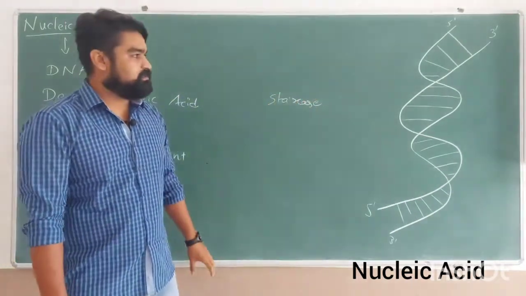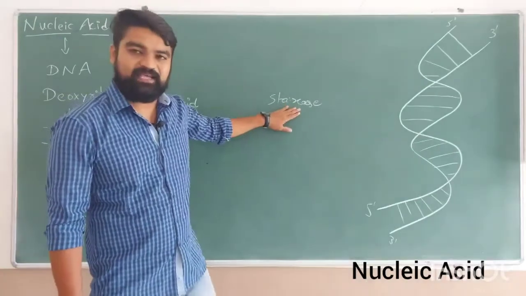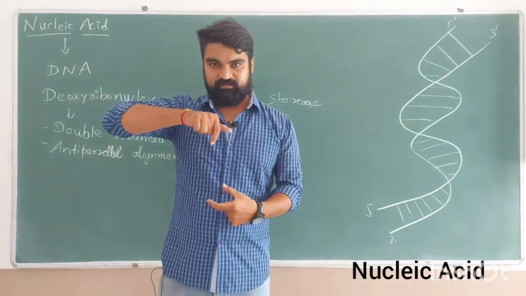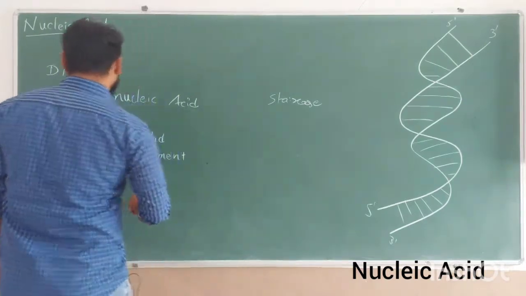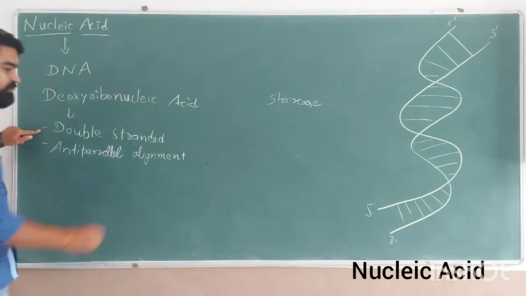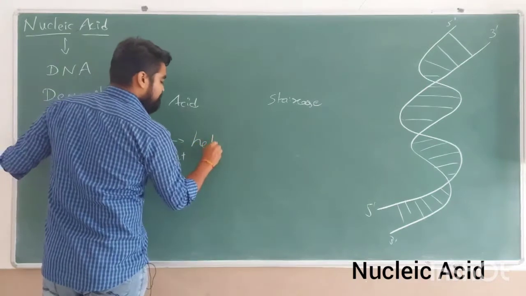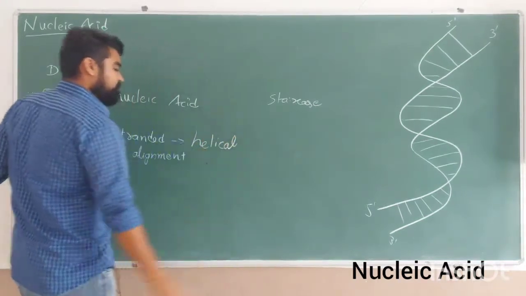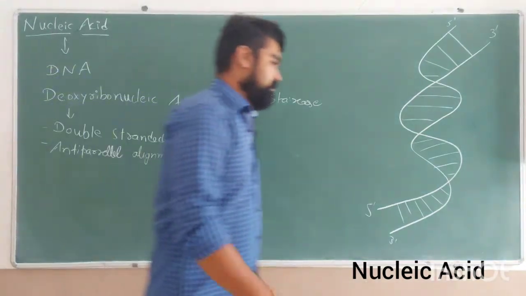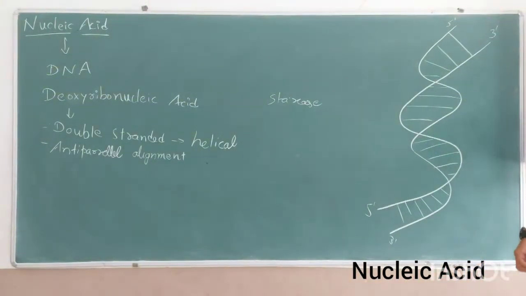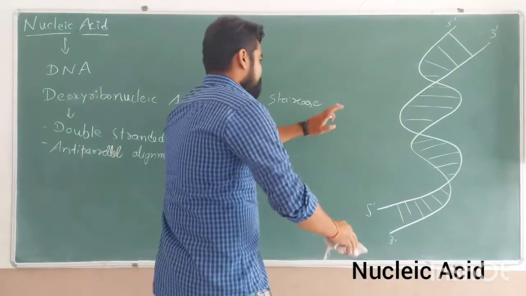It looks like a staircase, but it is a twisted staircase. Okay. Now this particular structure, as I said, is a double-stranded helical structure. As it is a twisted structure, the proper term is helical, and the helical structure of DNA is found in living organisms.